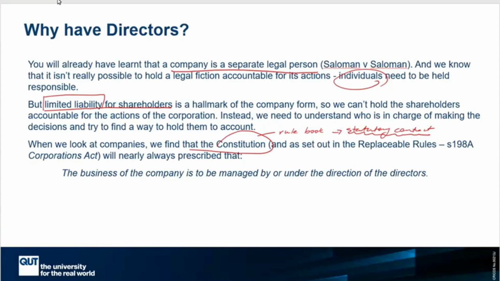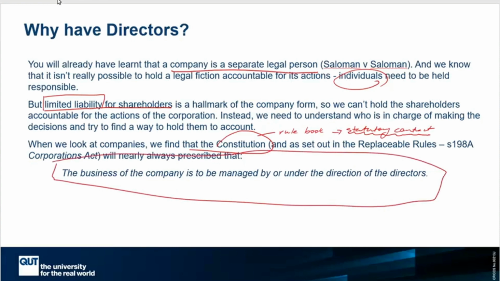In most constitutions, they have this term, super, super important: the business of the company is to be managed by or under the direction of the directors. Notice, it's a plural. A director is not in charge. It's the directors.